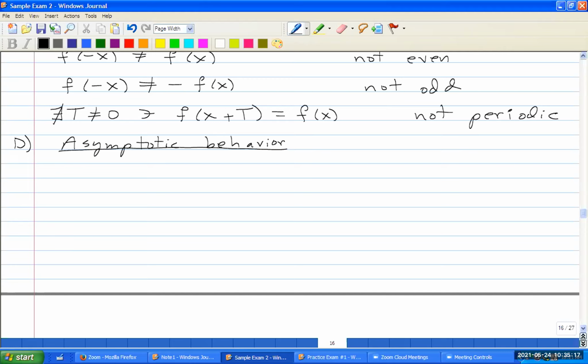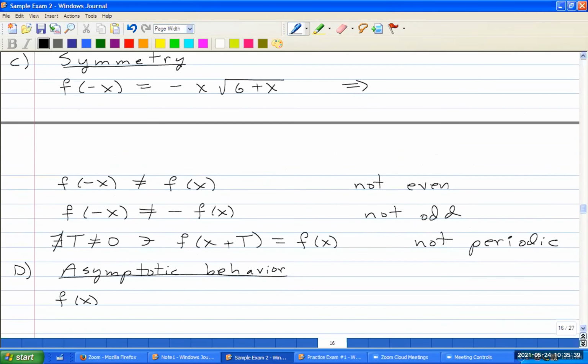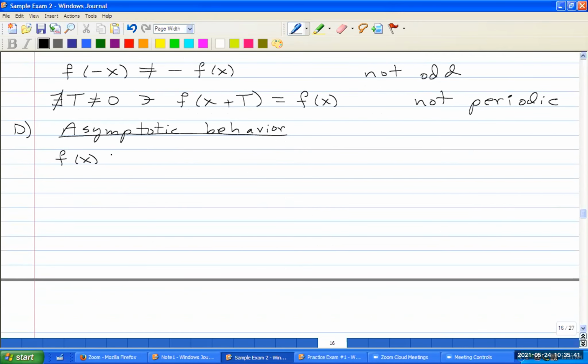Well, as x goes to infinity, it just goes to infinity. There's no real asymptotic behavior. As x goes to infinity, this doesn't exist.